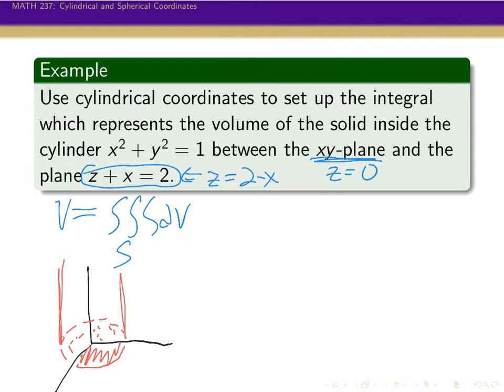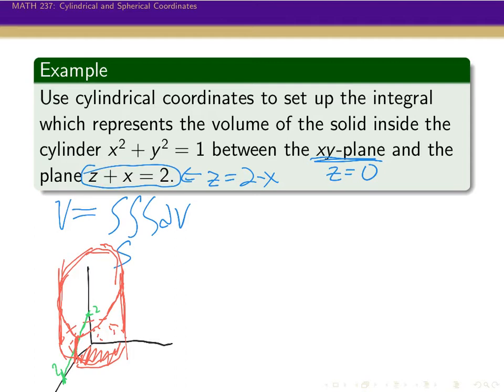On the zx plane, if I put a mark down for 2, the slope is going to go down, hit 2 over there. This is going to hit the cylinder somewhere around there, and cut out kind of an ellipse on the top. This looks like what you have if you have a bar and slice it at sort of a 45-degree angle. And that's our volume there.